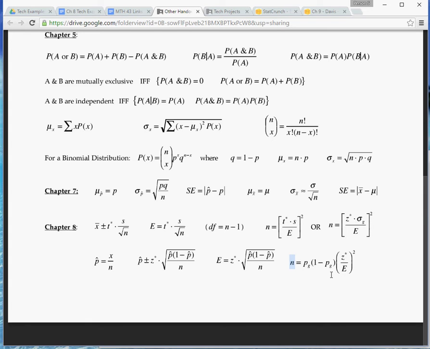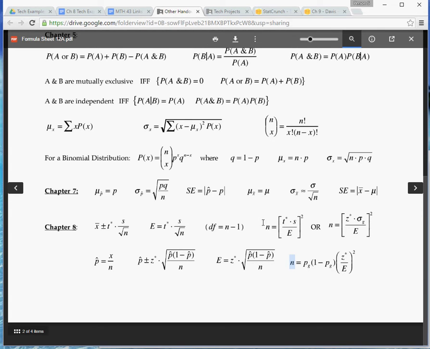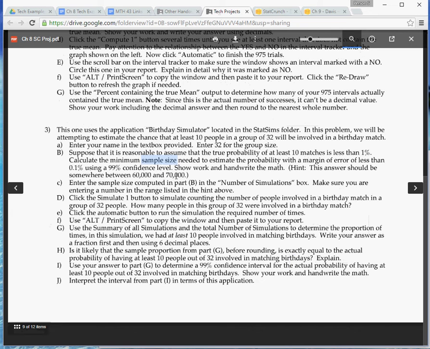I'm not going to do the work on this, but this is very similar to what we did in the chapter problem for Chapter 8. If you look at the solution manual for that, that will be helpful, and I'm going to talk through where we get these three pieces from the tech handout.